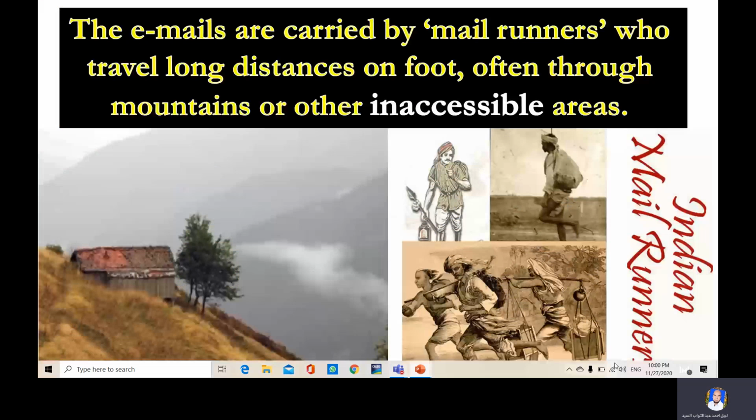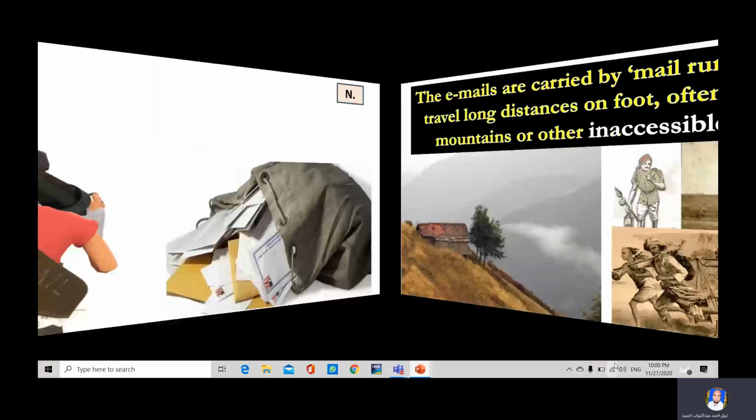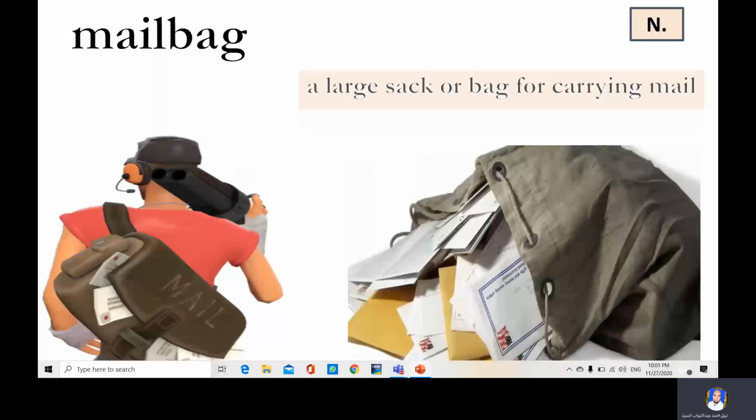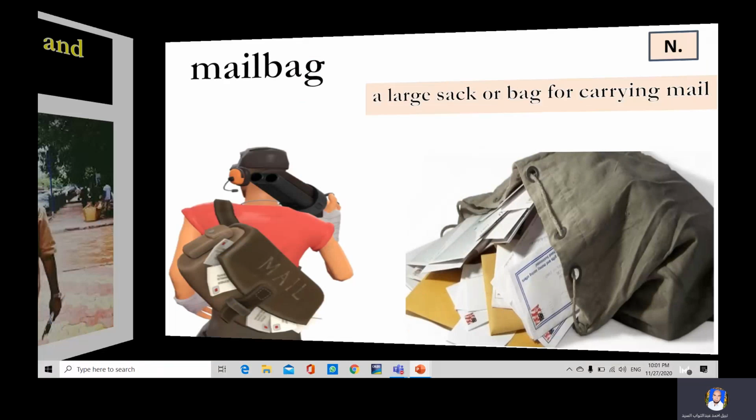Mailbag. Look at this. This is a mailbag. A mailbag is a bag or a large sack for carrying mail, for carrying posts, or carrying letters. He is carrying a mailbag on his back. Look at these postmen.